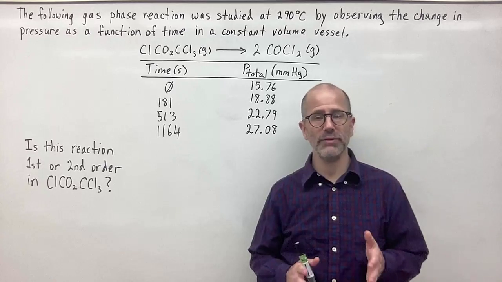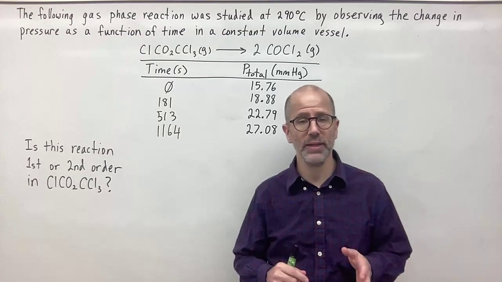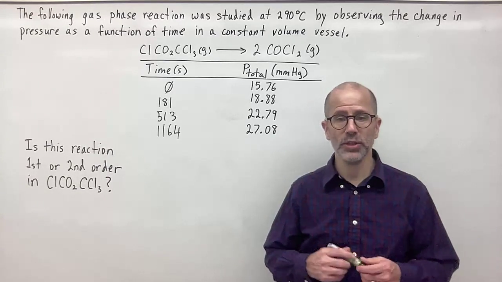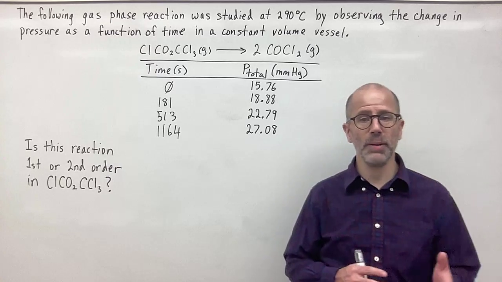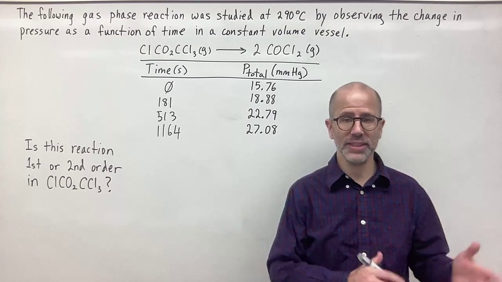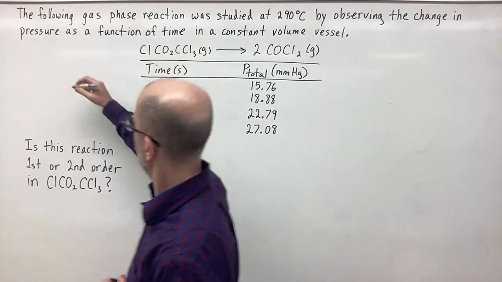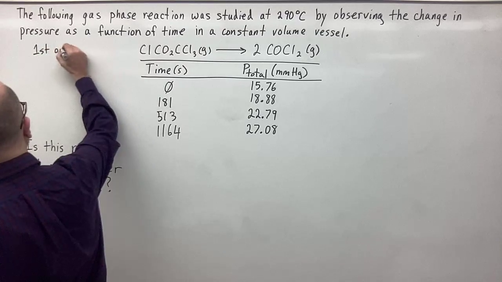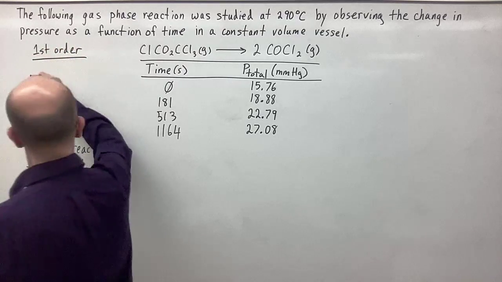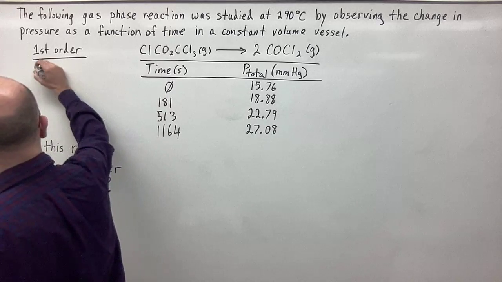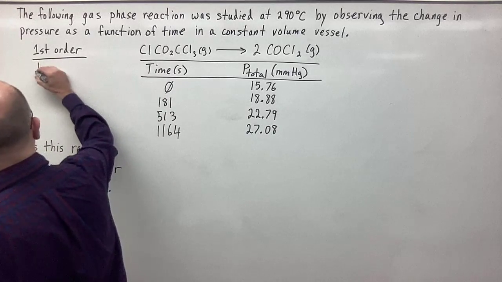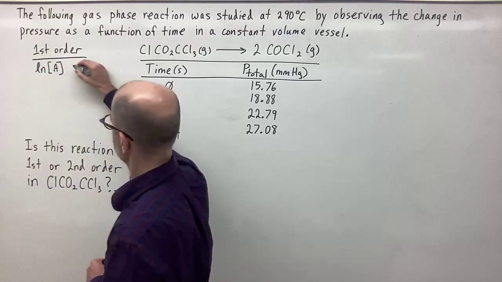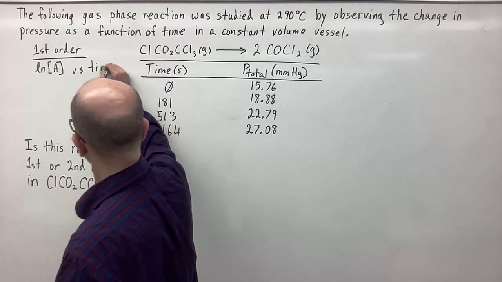So the only way we can do this is we need to figure out which graph it's going to fit best. If you remember the first order graph versus second order graph, in first order, we're looking at the natural log of the concentration of substance A versus time.